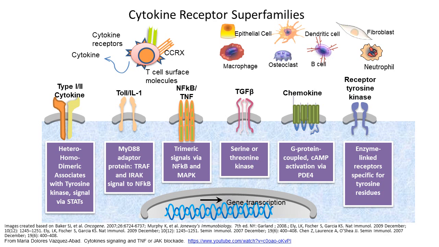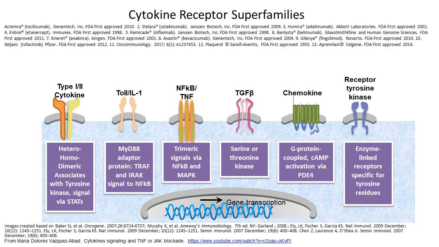All the others have the kinase in the receptor, and this last one, receptor tyrosine kinase, has the specific tyrosine residues within the receptor chain, the little tail inside, and that's the way they signal intracellularly.